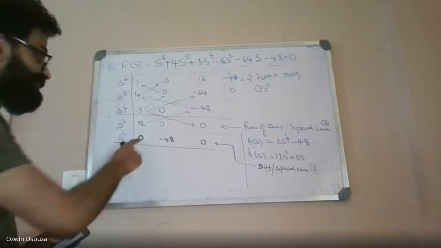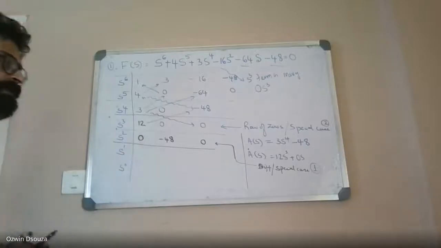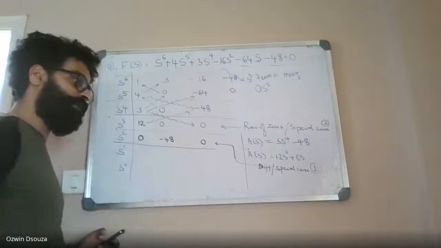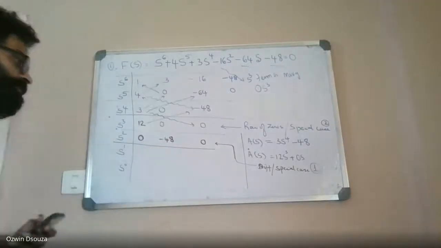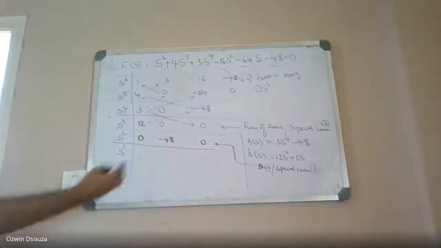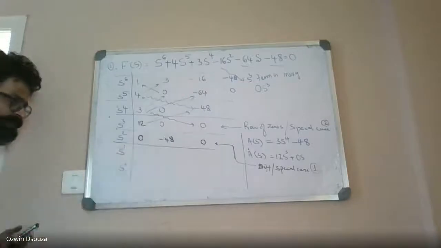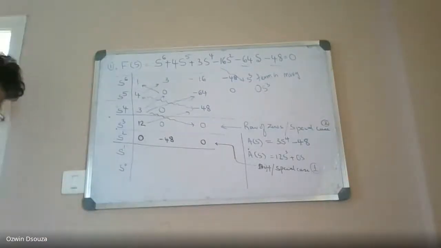If the first element in any row in a routh table becomes 0, that particular row will have at least one non-zero element. So this is your non-zero element. All right. So again, you cannot proceed, because the remaining rows will have infinite values.